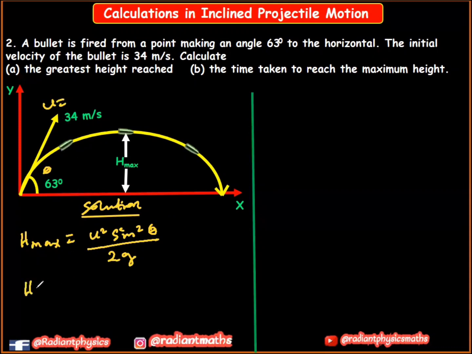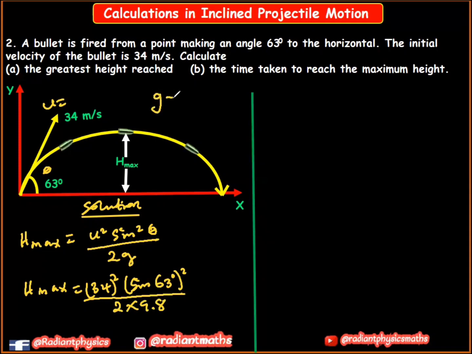So maximum height is equal to 34 squared multiplied by sine 63 degrees, squared, then divided by 2 times g. The value of g is 9.8 meters per second squared. So we have plugged in what we have.